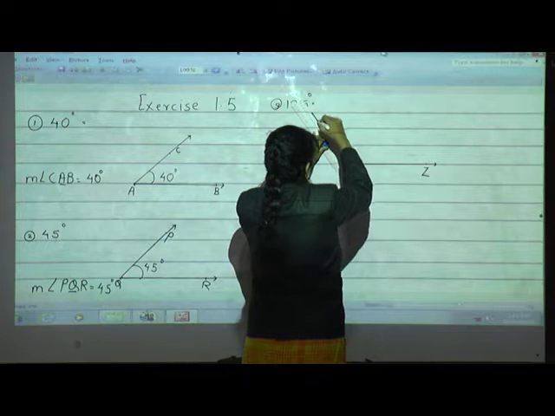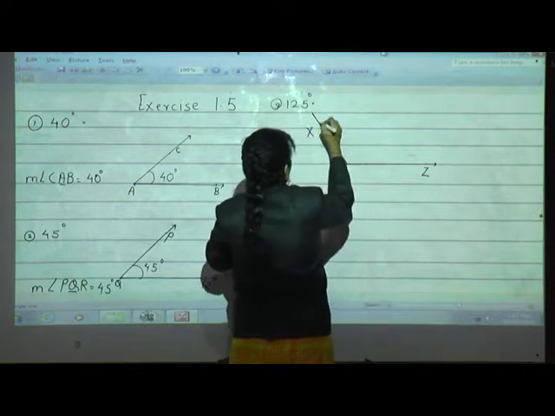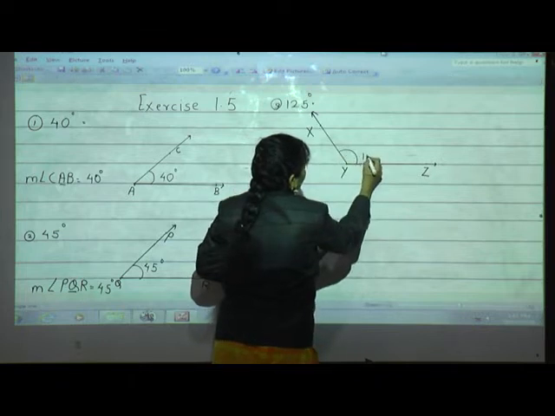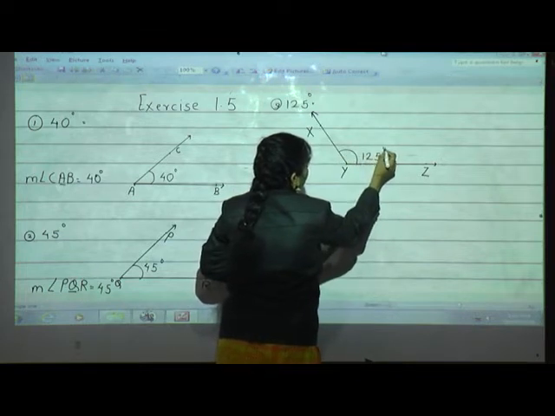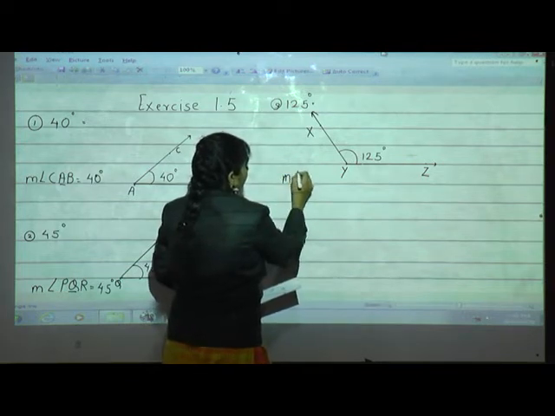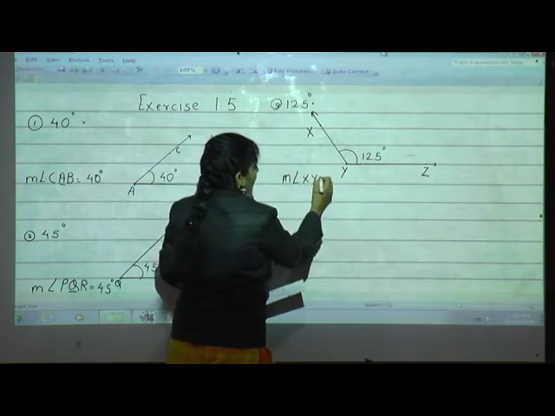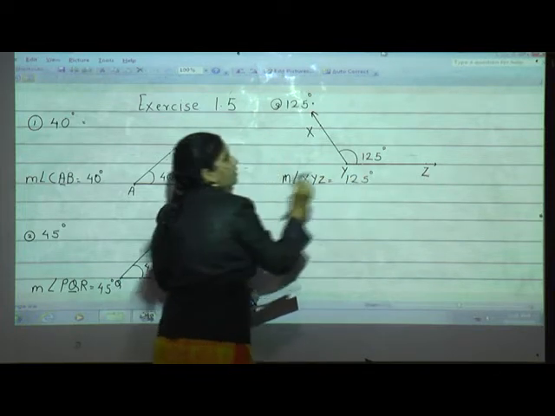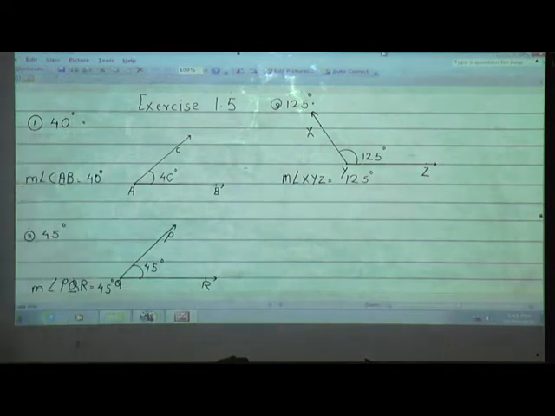See, like this. So, angle XYZ is equal to 125 degrees. Measure of angle XYZ is equal to 125 degrees.